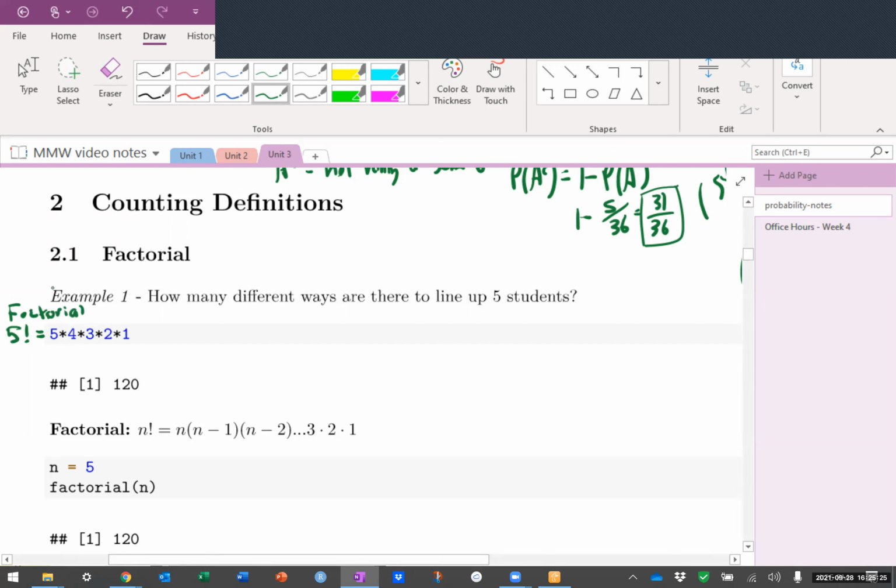This comes up if you're going to put things in a row. How many different ways could I line up 5 students in a row? Well, there's 5 ways I could choose the first person.